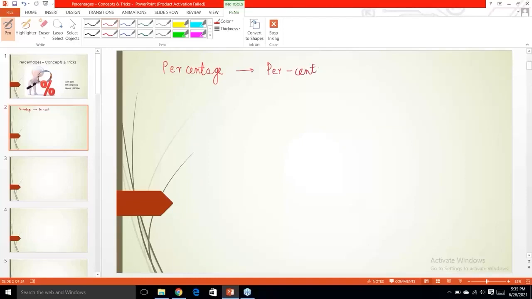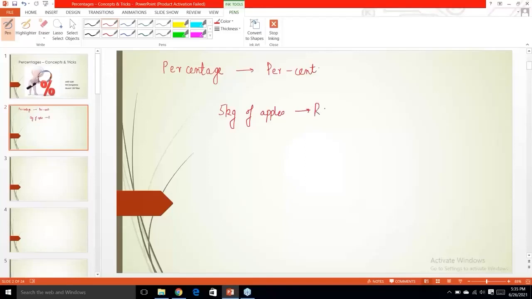It's very similar to the usual way in which you talk when you ask the per kg price of apples. You just find out the price per kg of apples. Suppose you're purchasing 5 kg of apples and spending 100 rupees. Somebody asks you what's the per kg cost.